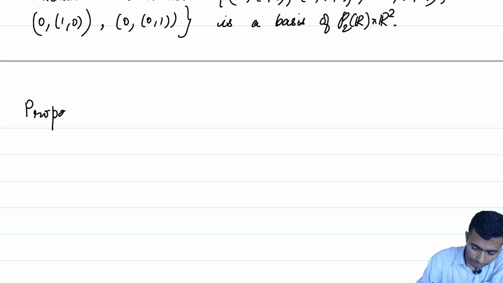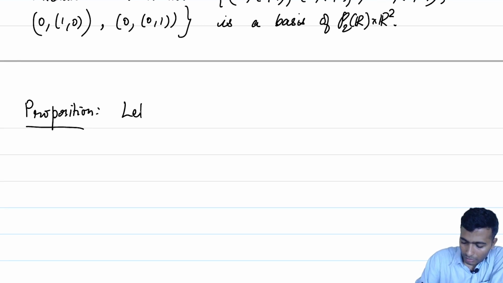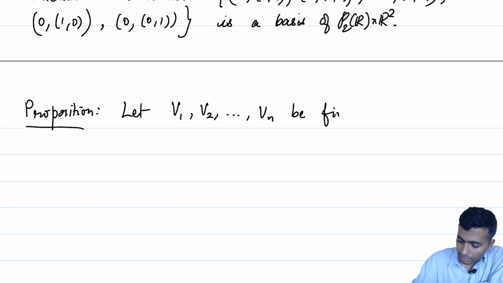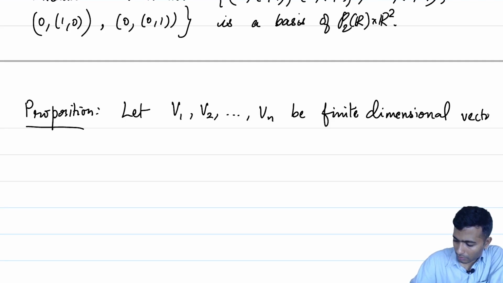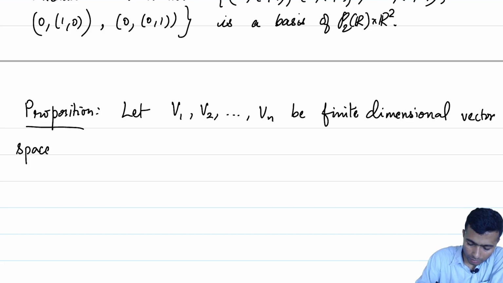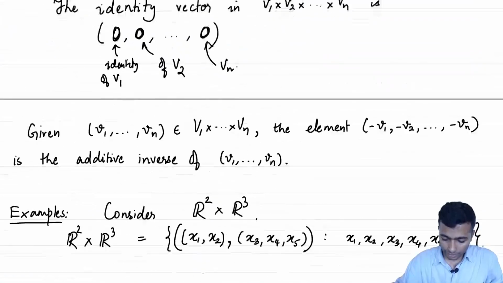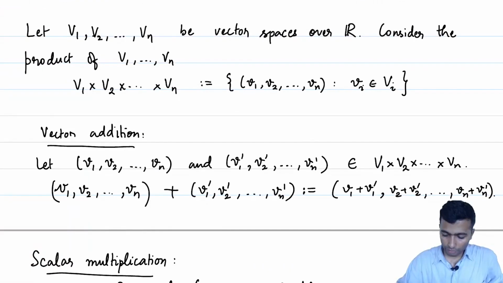proposition. Let V1, V2 up to Vn be finite dimensional vector spaces. I would like to draw your attention here to the fact that when we defined the product, we were not demanding anything about finite dimensionality.